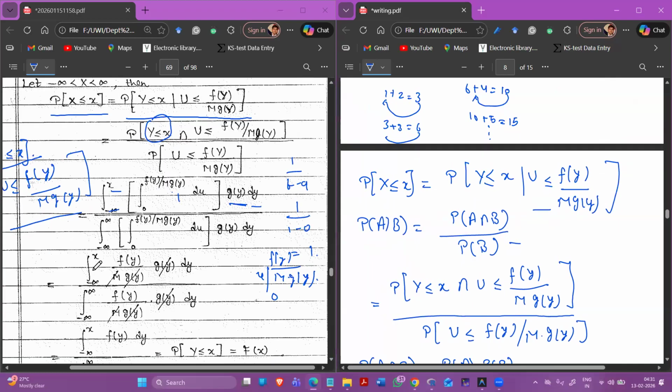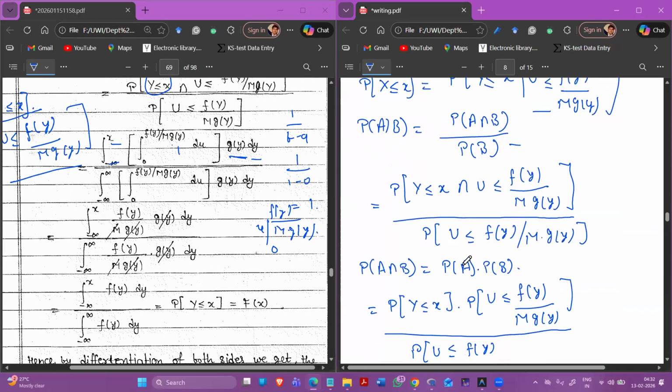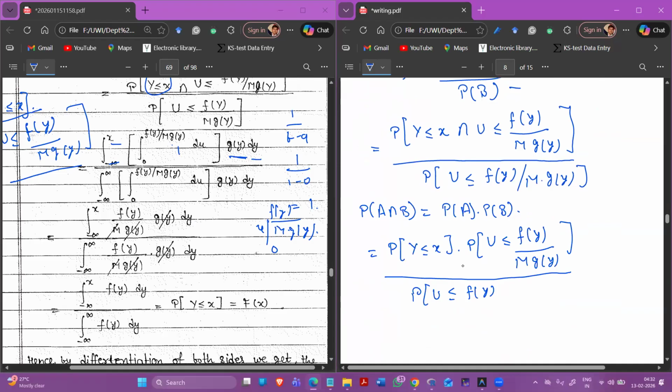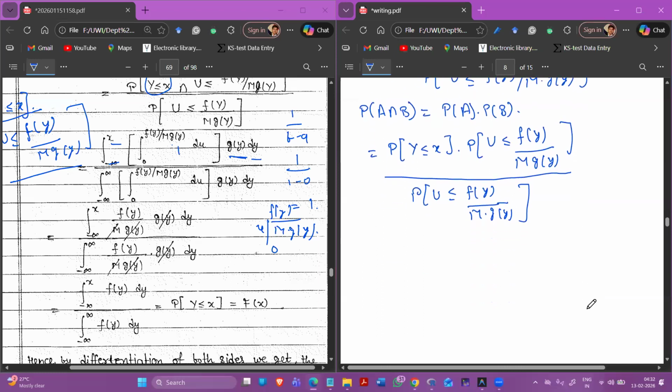Right. M into gY. Both of them are independent, so you can use it now.